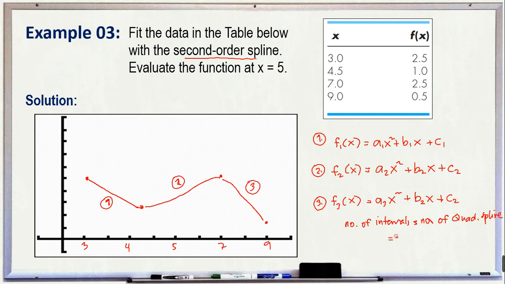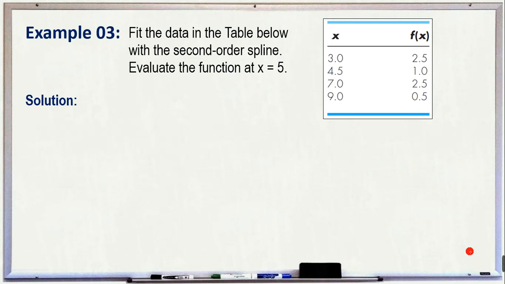So naay tulo. So number of equations nga needed is equals to the number of quadratic spline multiplied by the number of unknowns per quadratic spline. So naay tulo times tulo, same ra kaganiha na ay siyam. So ato na pangitaon ang siyam. So let's start with the first statement. So unsa tong first statement?